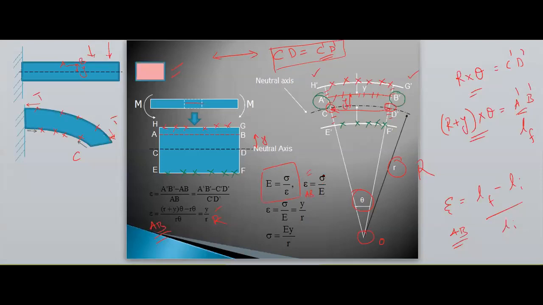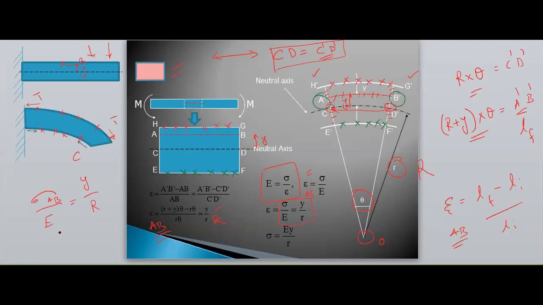Therefore, equating these strains, we are getting stress by Young's modulus is equal to Y by R. That is sigma by E. That is, stress in the fiber is equal to distance of the fiber by radius of curvature.